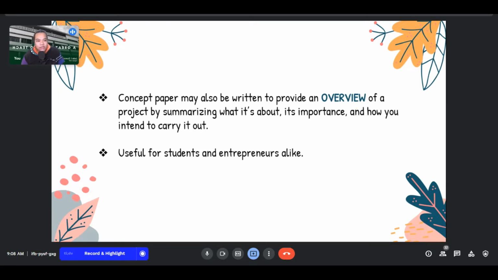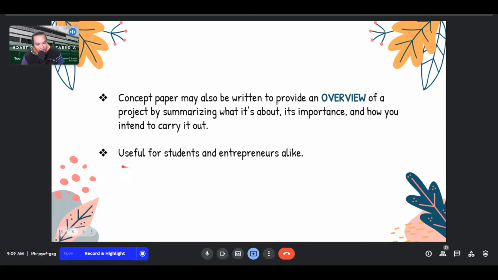When someone is reading that paper, they get a certain idea of what the project is, what's going to happen, what you will do to solve the problem, and of course, it also explains the problem or the issue itself.